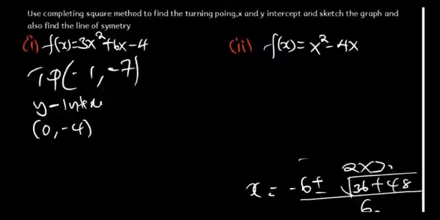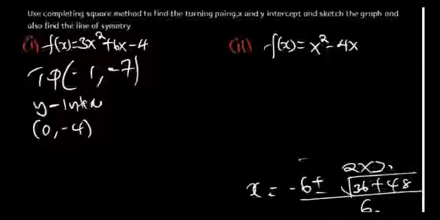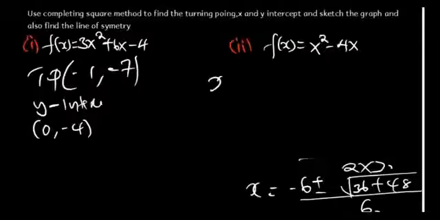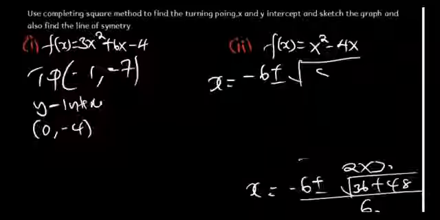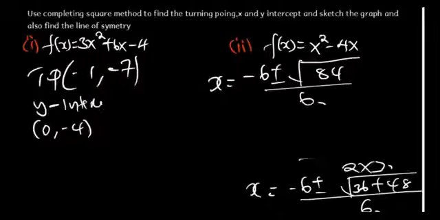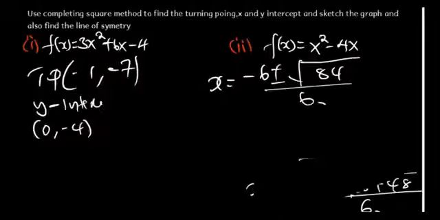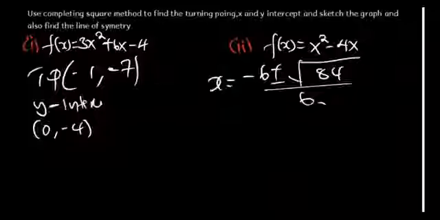Okay, then now what else? We can see that 48 plus 36 gives us 84. So x is going to be equal to negative 6 plus or minus the square root of 84 over 6. If you use a calculator you can find the square root, but if you're not allowed to use calculators, you can leave your answer inside the root. Here I'm going to use a calculator.